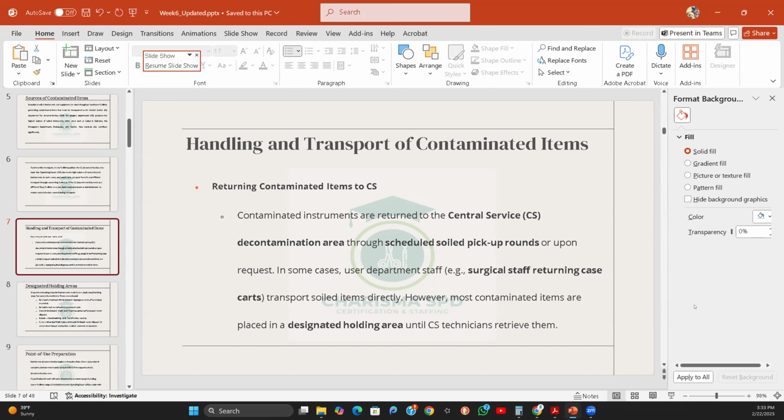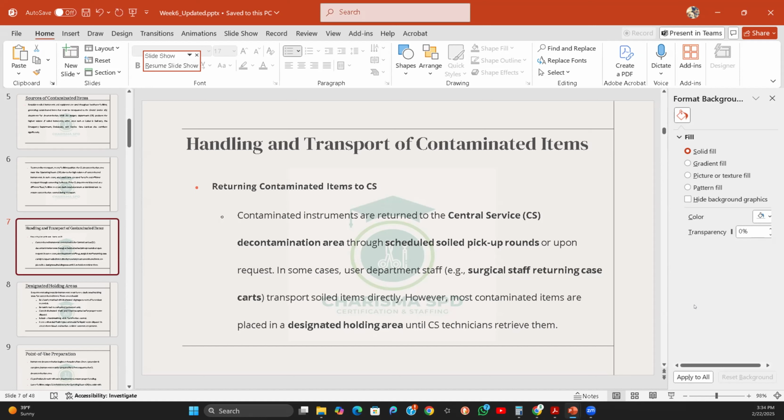Awesome, nice, good. Right. So let's look at handling and transport of contaminated items, the slide that you are currently watching. I want us to take turns to read the main points of the slides. Returning contaminated items to Central Sterile Processing Department.